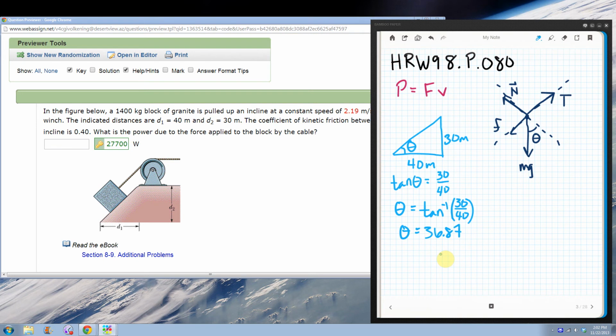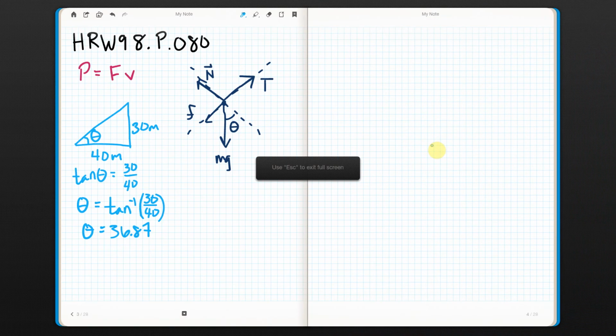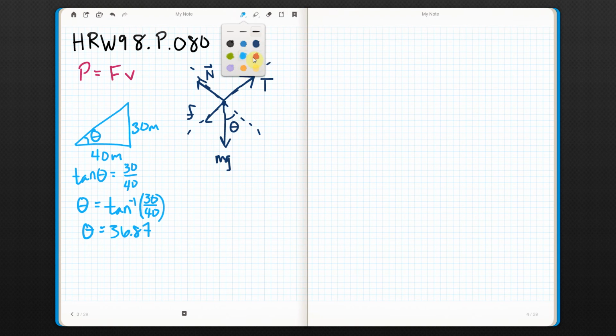Basically I need to find the tension. And a big hint here: it's being pulled at constant speed, so the net force should be 0. In the y direction, I need the normal force to find the friction eventually, so let's find it first.